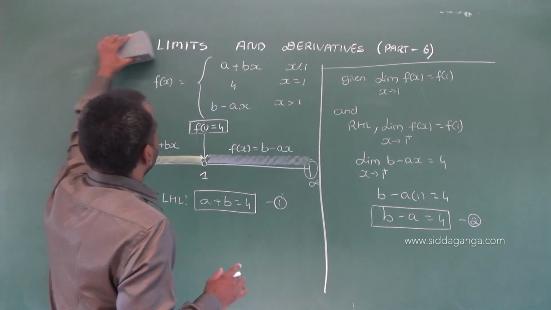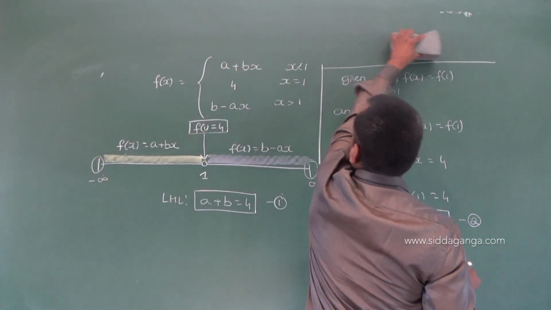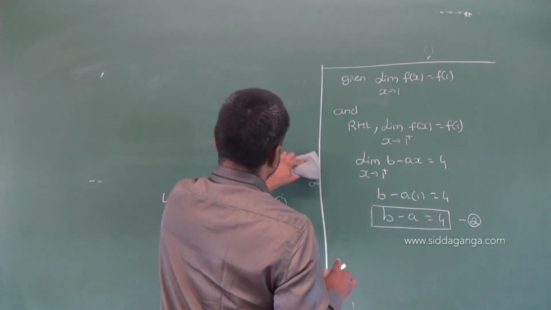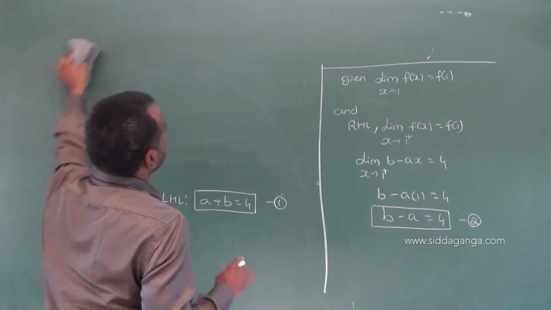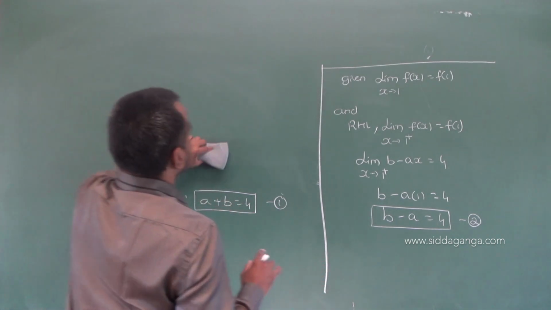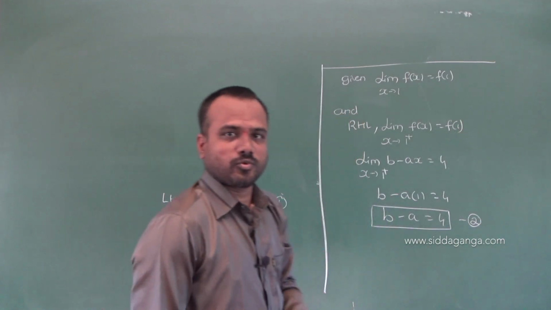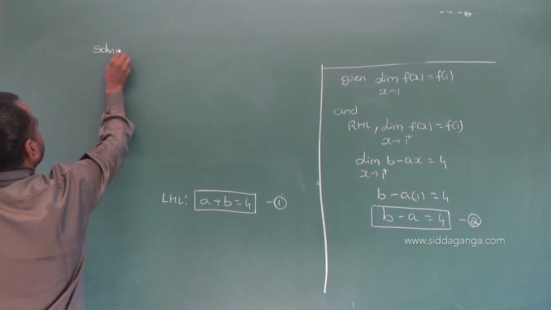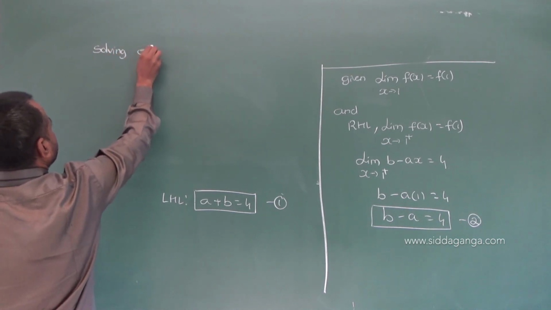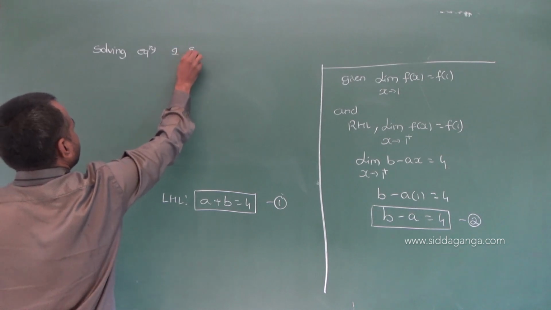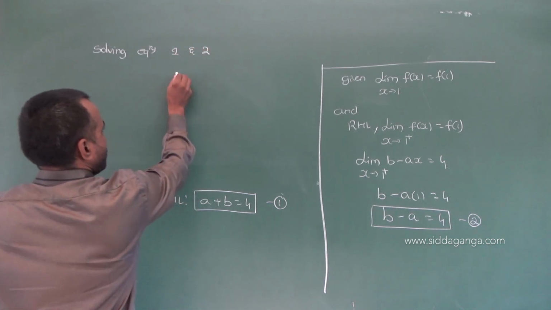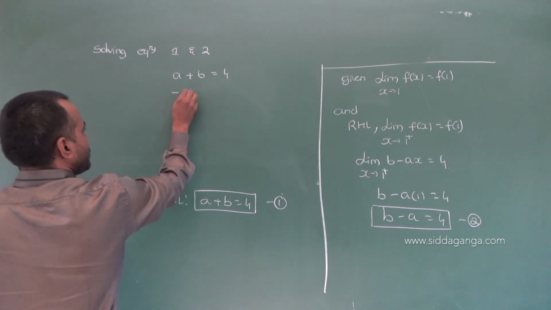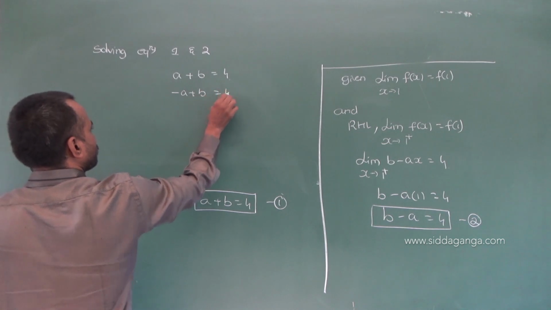Okay, solving equations 1 and 2: a plus b is equal to 4, minus a plus b is equal to 4.